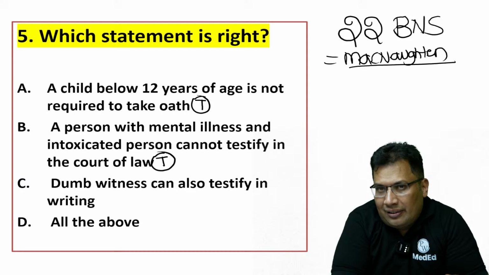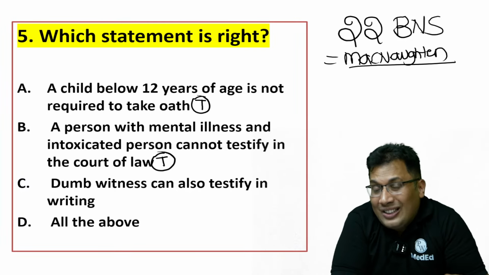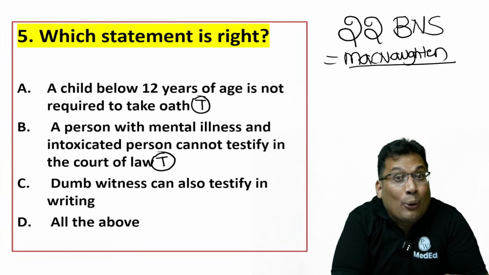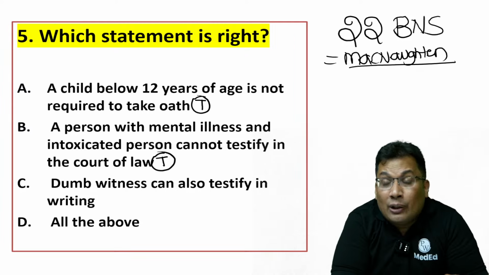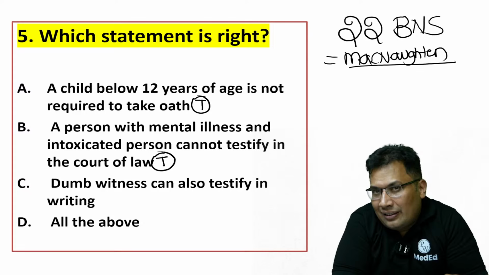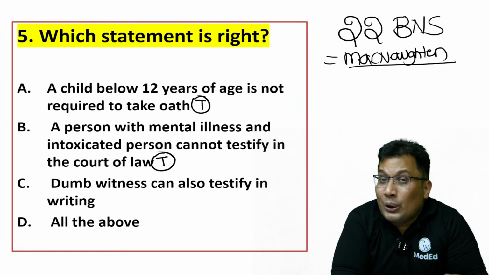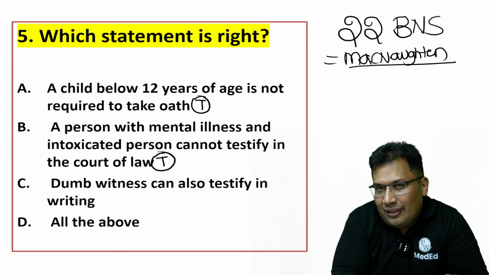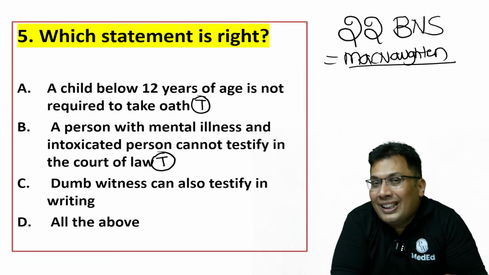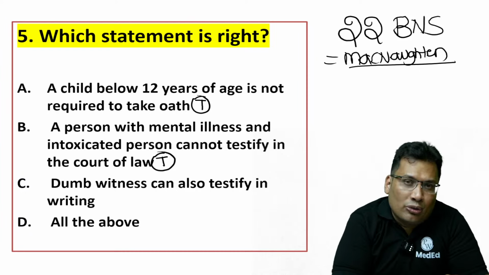So McNaughton himself tried to kill the Prime Minister. During that process, he killed his personal secretary, Robert Neal. Then he was arrested. They came to know that he was suffering from mental illness. He committed the crime under the delusion. There is no guilty mind and guilty act. That is what is given in McNaughton's rule, section 22 BNS. McNaughton was the patient suffering from schizophrenia.